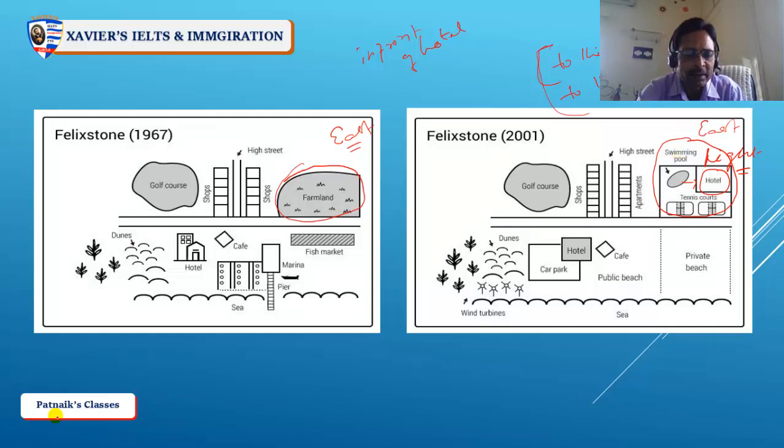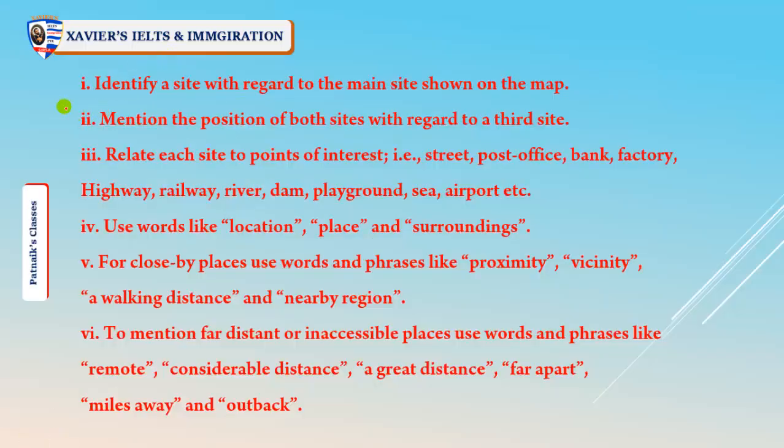Now overall, just a reminder, identify a site with regard to the main site. This is for particular maps. When you are reading the maps, remember these things, right? Identify a site with regard to the main site shown on the map, right? Mainly remember one thing, whenever you see a map you can see the scale, it's the direction scale, right? This is north, east, south, west.